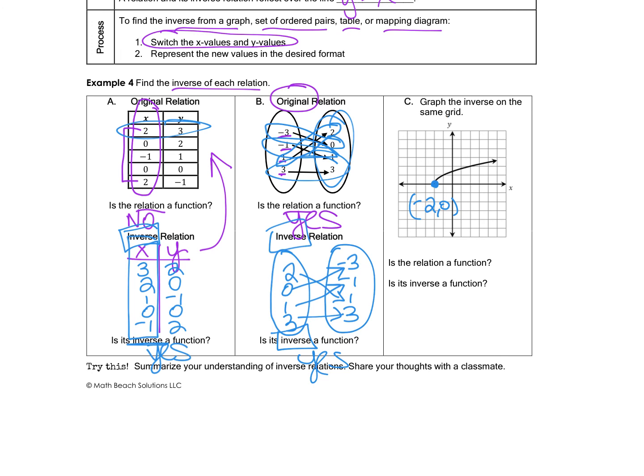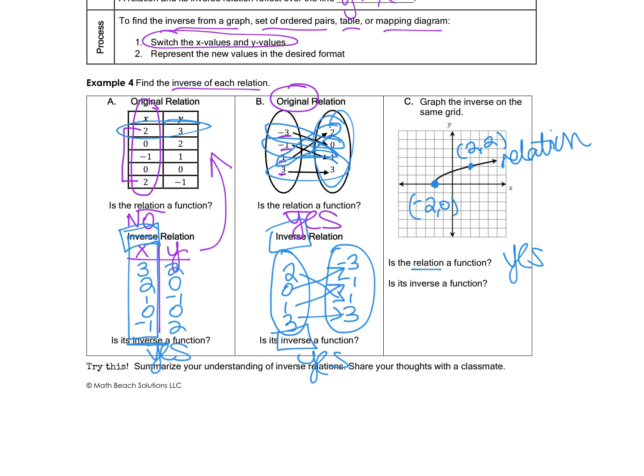And then find your integer points. This is 2, 2. Okay, so it says, is the relation, which is the original, this is the relation, a function? So if we were to use the vertical line test, notice it would pass. It would only intersect at one place.